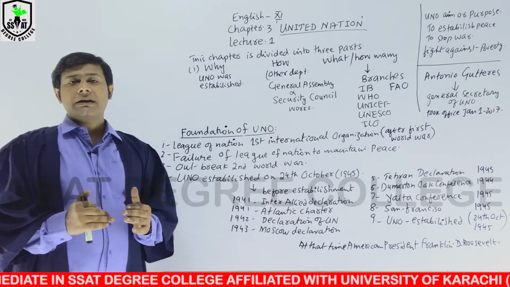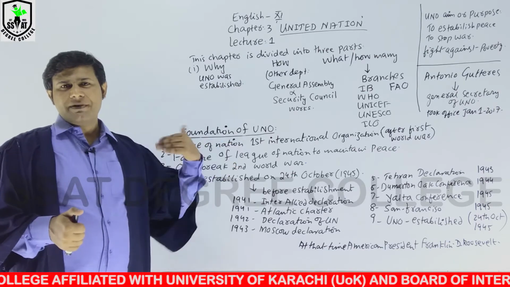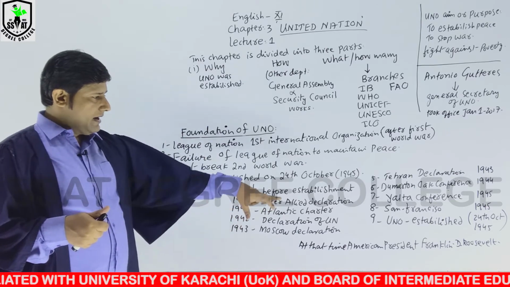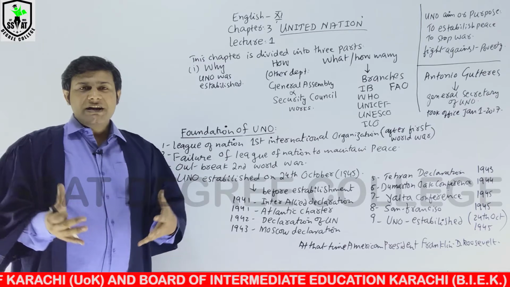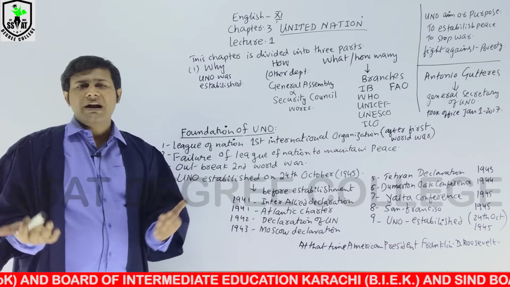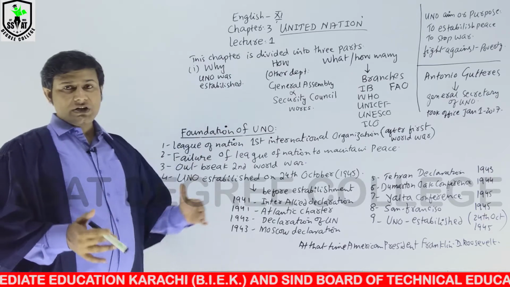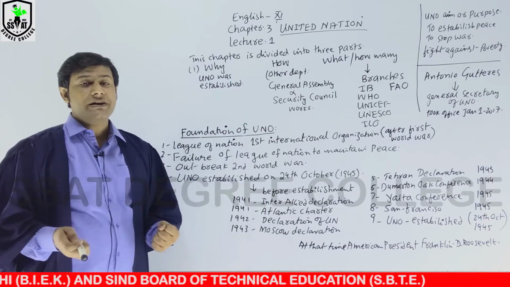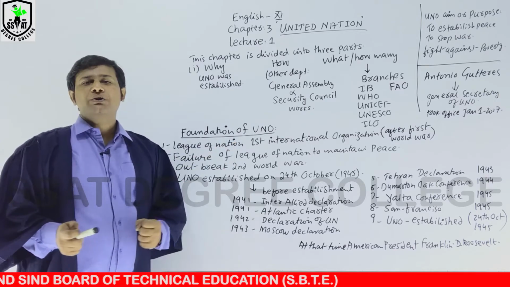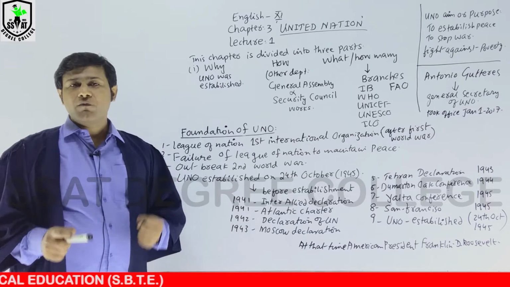At that time, the President of America was Franklin D. Roosevelt. When the countries decided that they needed one platform, one organization that could stop war and solve problems between countries, finally UNO was organized on 24th October 1945.